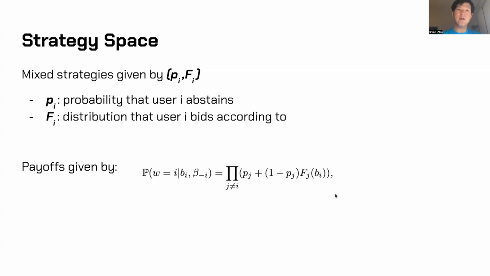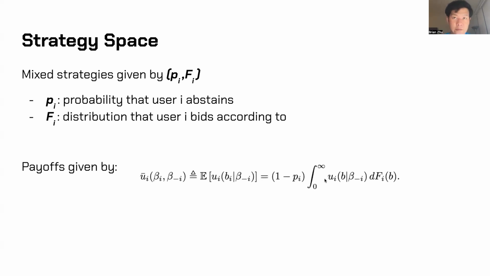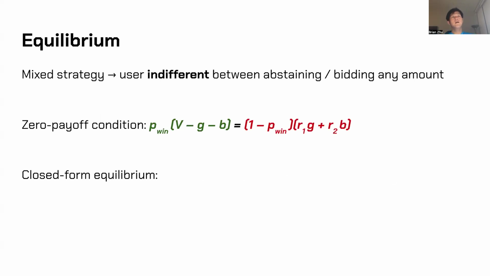So what exactly is the probability that you win? It is given by the chance that, assuming that everyone plays independently, everyone else either abstains or participates but bids a lower value than you. So combining all of this, we can have an expected utility or expected payoff written here. So for mixed strategy, we know that the user must be indifferent between all choices, which in this case includes abstaining and bidding any amount.